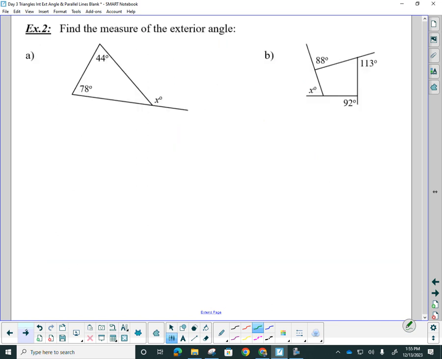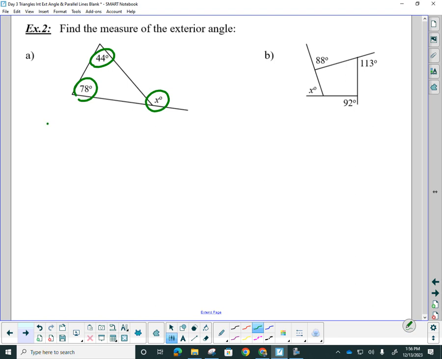All right, so now let's look at exterior angles. So one of the properties that we might have discovered in the Desmos activity is that this exterior angle is equal to the sum of these two interior angles.